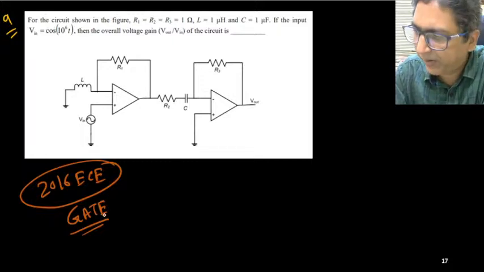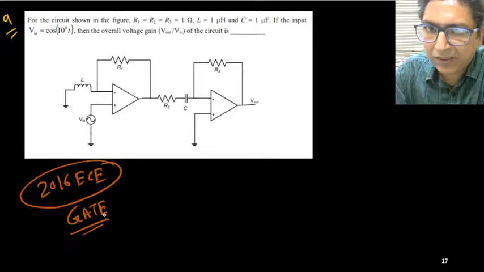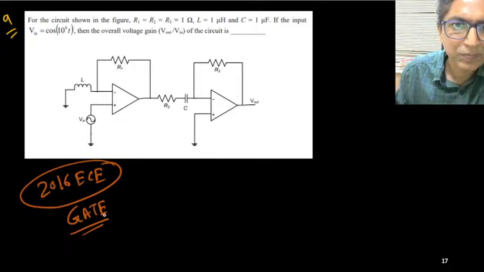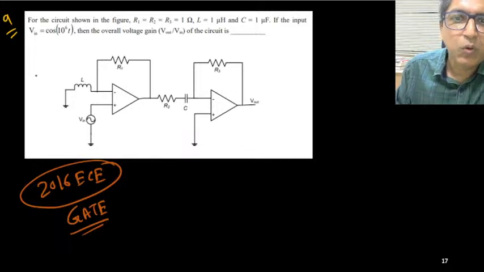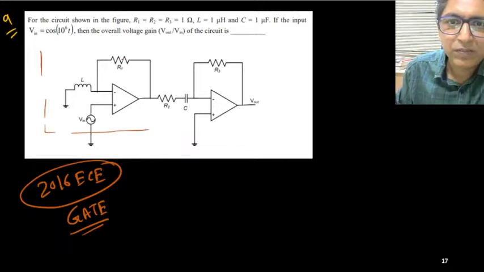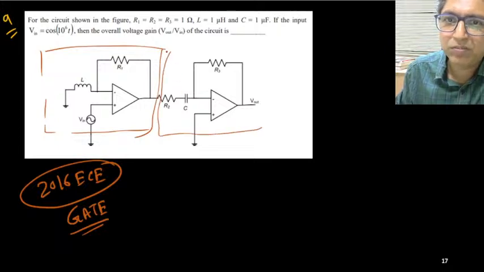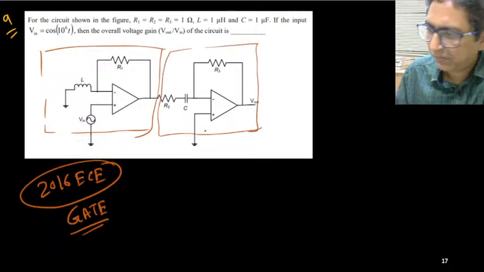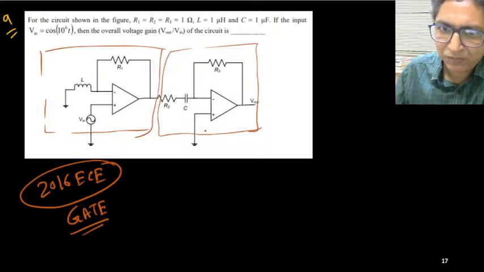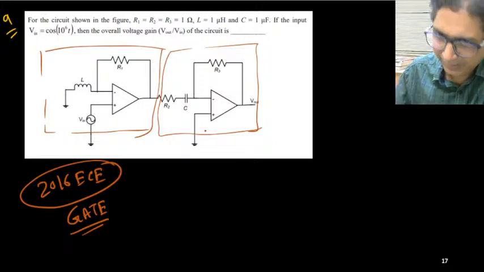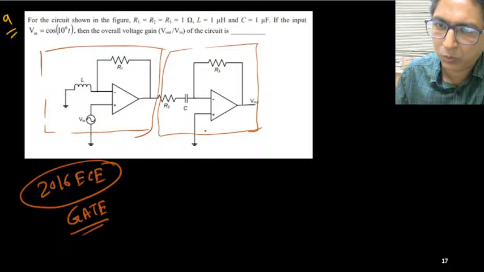Very similar problem. You should take care. So what is the first block? This is the first block and this is the second block. We need to find out the gain for each individual one. Then we'll multiply these two to get the overall gain.